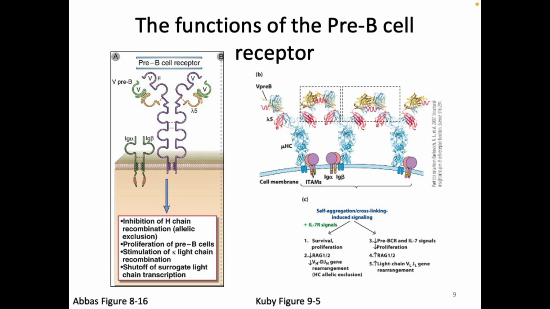And we're also going to tell the cell one other key thing, which is to divide. So we're going to tell the cell to proliferate, which is just a fancy word for divide.